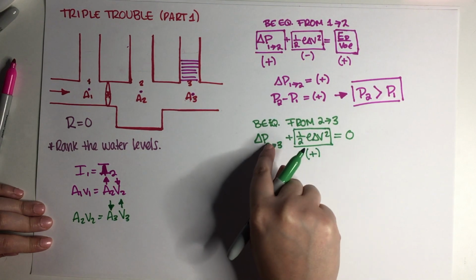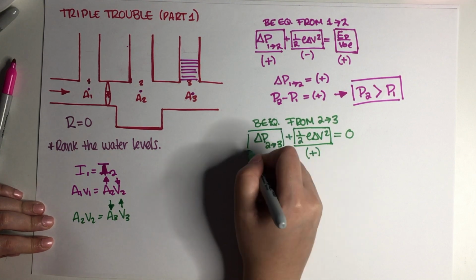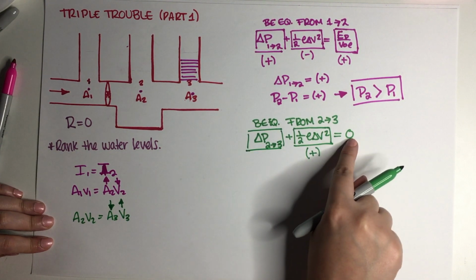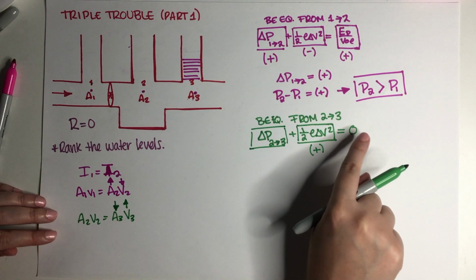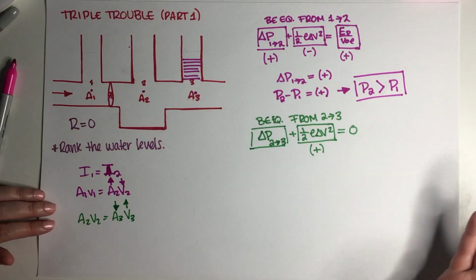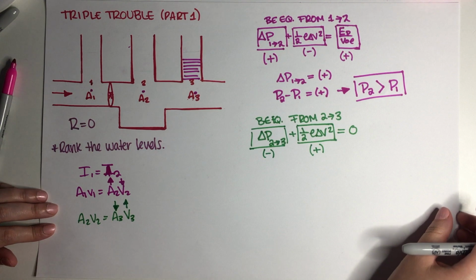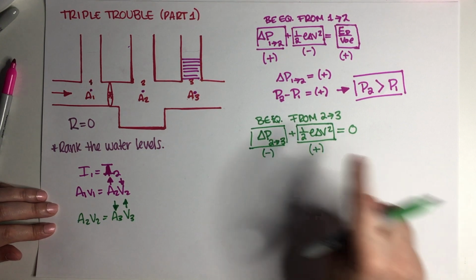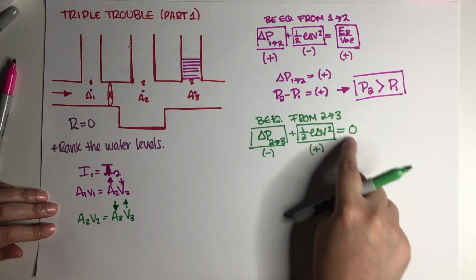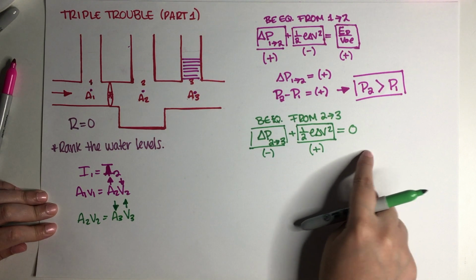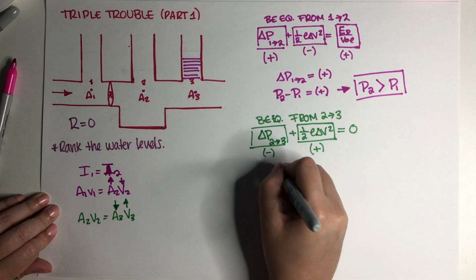And because this number plus this number have to equal 0, meaning they have to literally cancel each other out, this term needs to be a negative number, because otherwise, plus and plus, they are never going to cancel out to 0. This has to be negative.